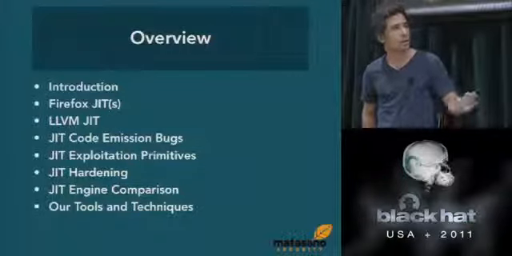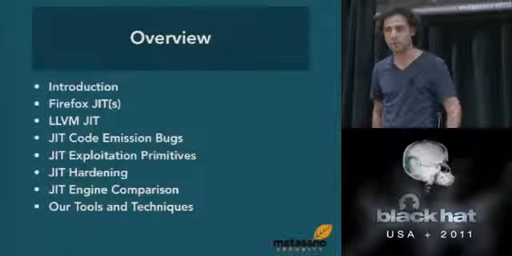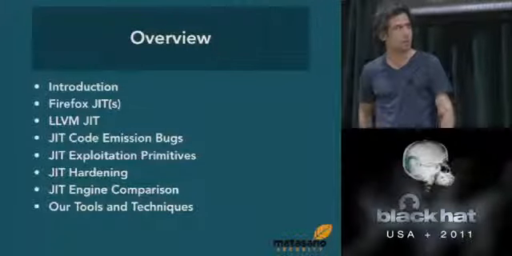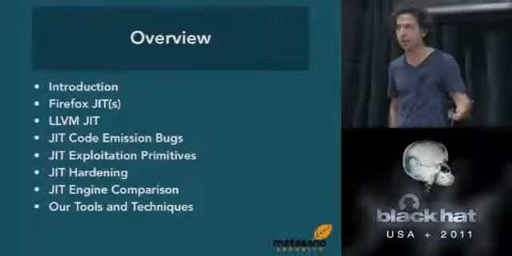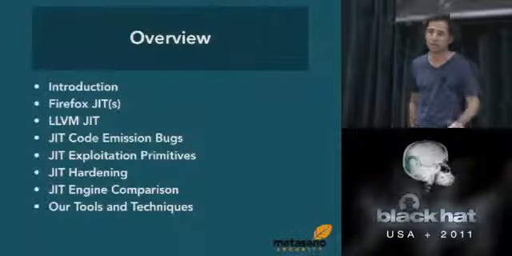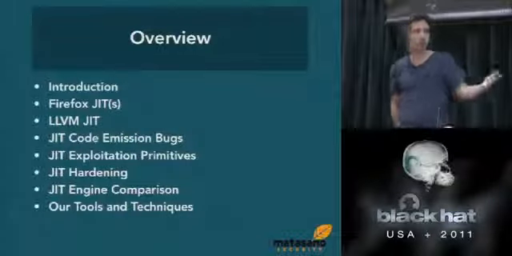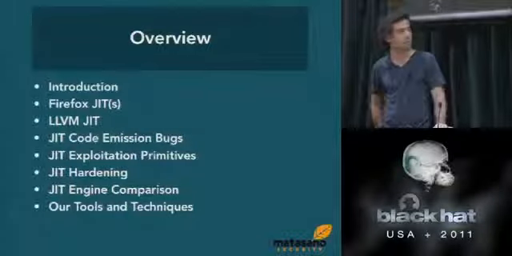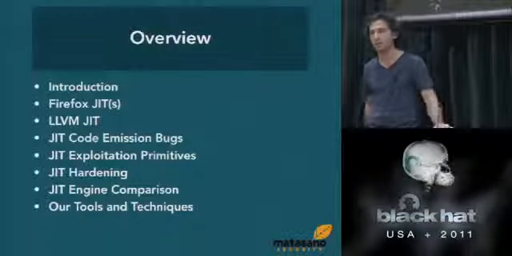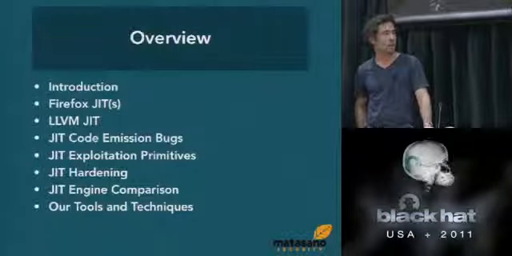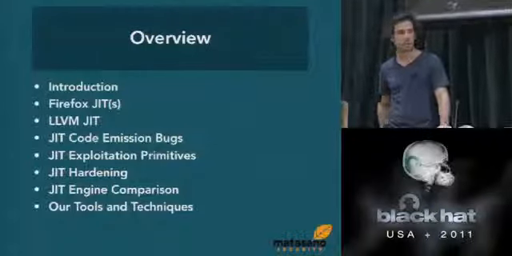We're going to talk about some bugs that they inherently introduce just by the sake of being there. We're going to talk about some exploitation primitives that are possible because they're being used. Then we're going to talk about ways to mitigate a lot of these exploitation primitives. And then we're just going to survey the current just-in-time compilers and discuss our tools, techniques, fuzzers, and stuff we found.